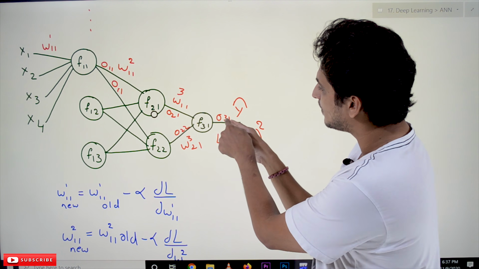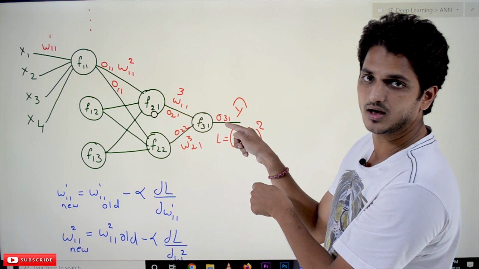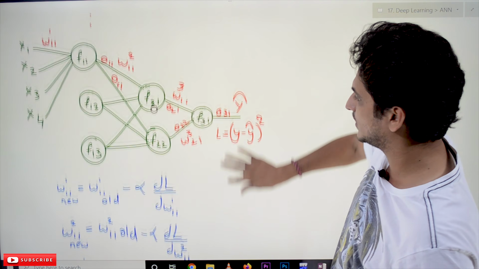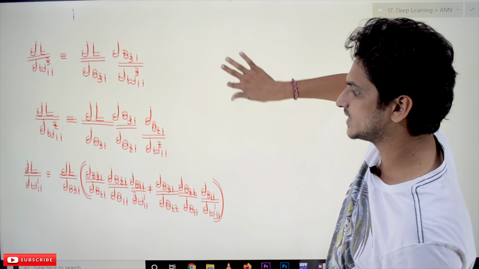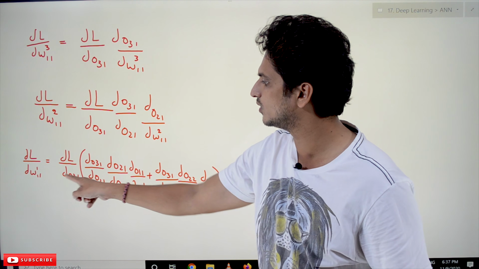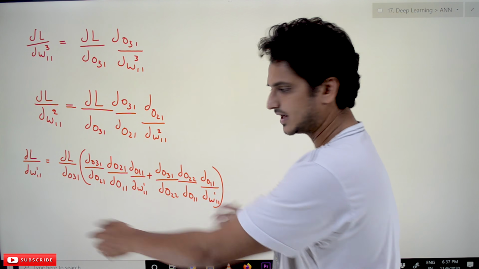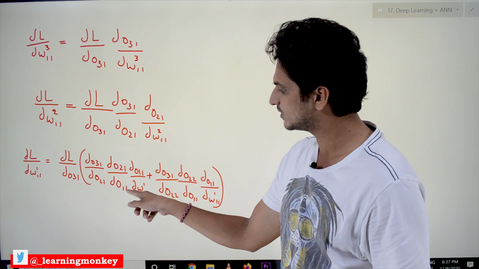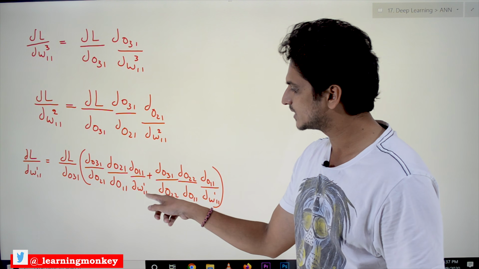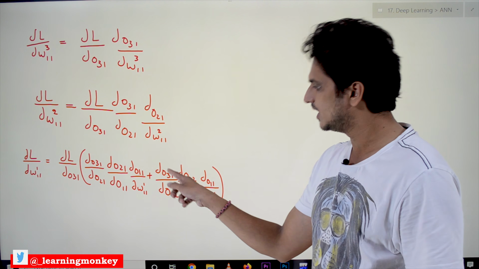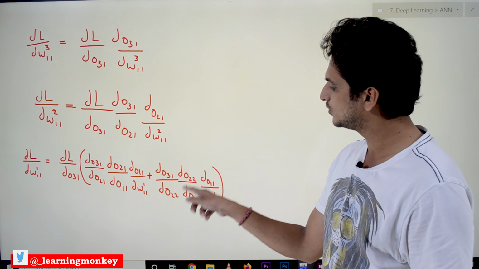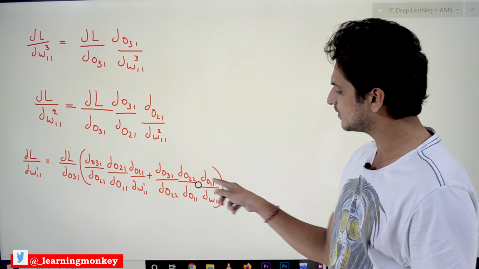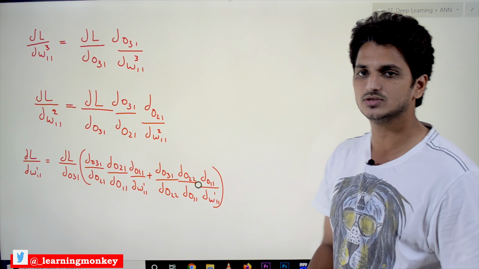If you take dou L by dou O31 common, the equation will be like this: dou L by dou O31 common, take the summation of dou O31 with respect to O21, O21 with respect to O11, O11 with respect to W111, plus O31 with respect to O22, O22 with respect to O11, O11 with respect to W111.